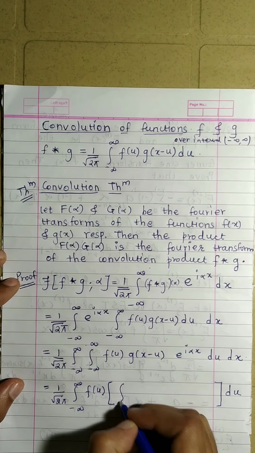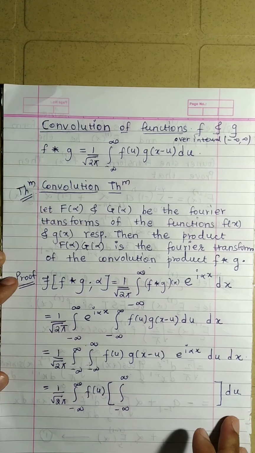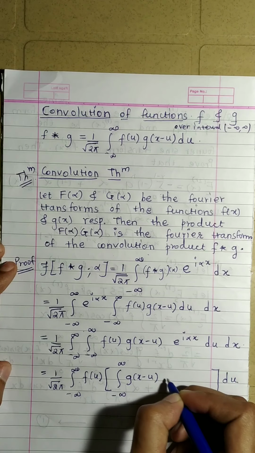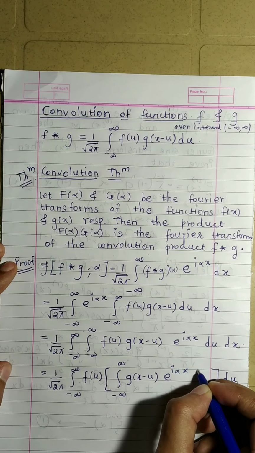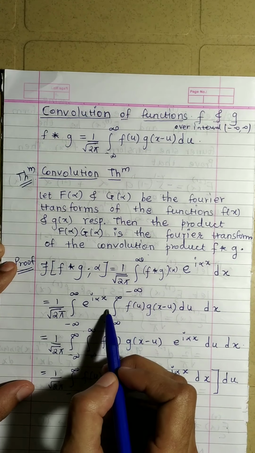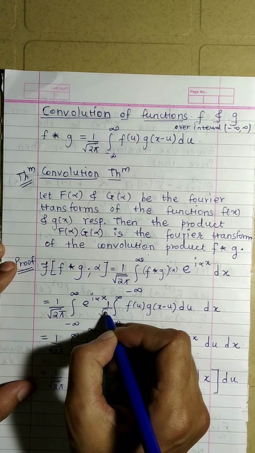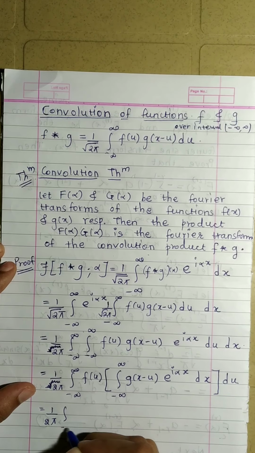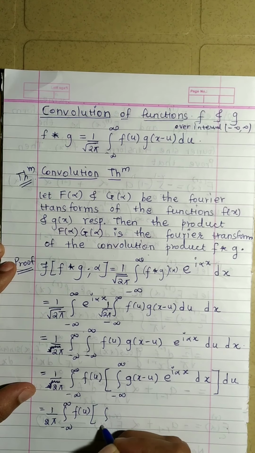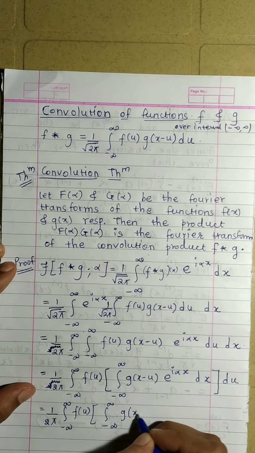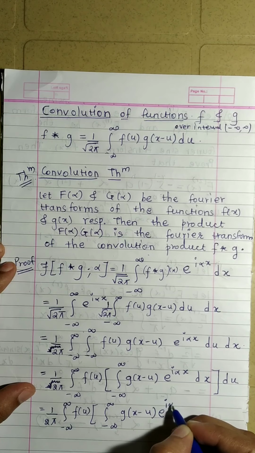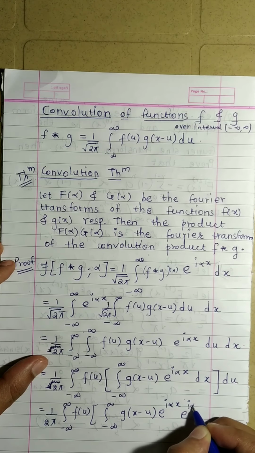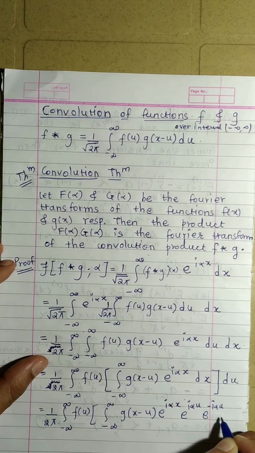So integral from minus infinity to infinity f of u, integral from minus infinity to infinity g of x minus u into e raised to I alpha x dx. When I wrote 1 upon root of 2 pi here, it should be 1 upon root of 2 pi twice, and then the root will go. So it is 1 upon 2 pi integral of f of u integral of g of x minus u e raised to I alpha x into e raised to I alpha u e raised to minus I alpha u dx.